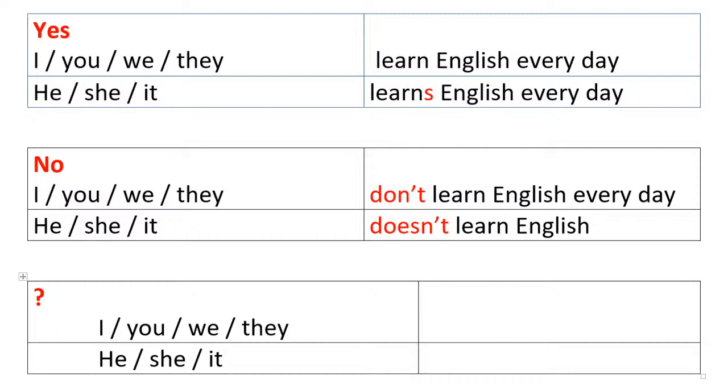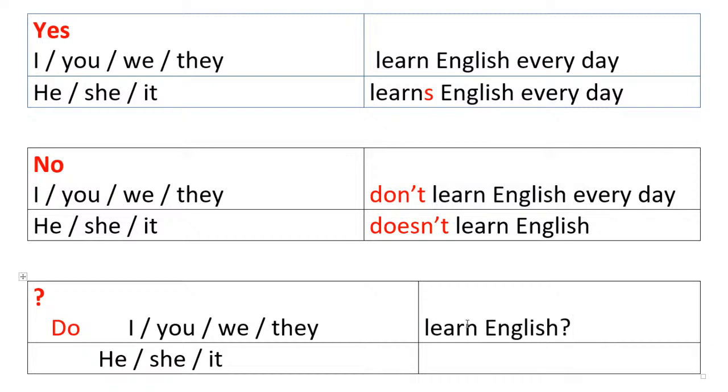Okay, so for I, you, they, you will use do. And you will say: Do I learn English? Do you learn English? Do we learn English? Do they learn English?